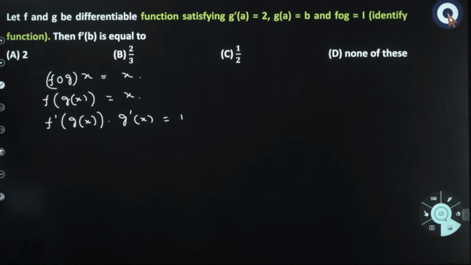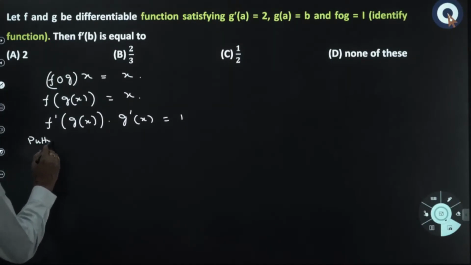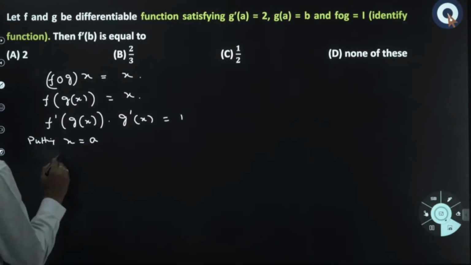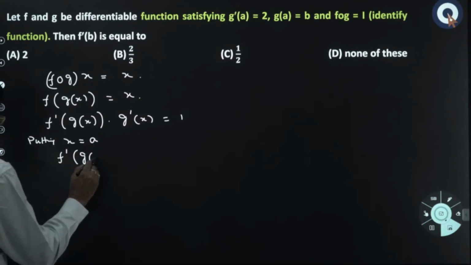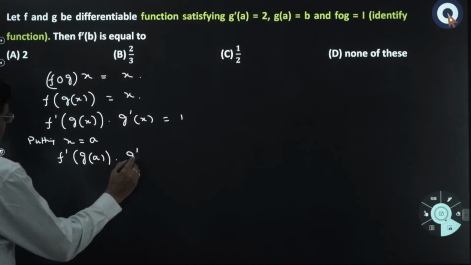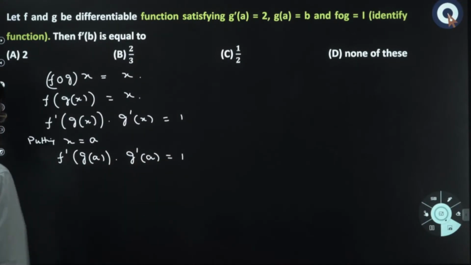Now you want f dash b. So you have g of a is equal to b. Putting x is equal to a, we get f dash of g of a into g dash a is equal to 1, and g of a is given as b.